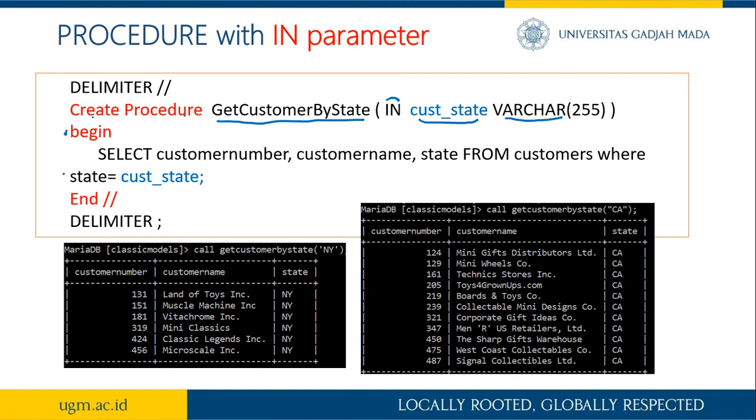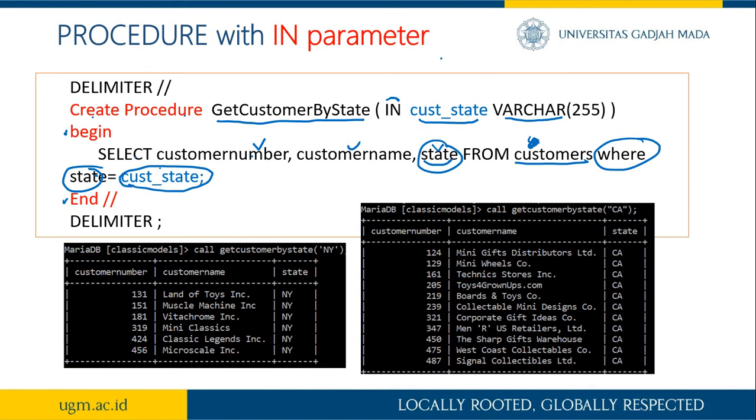And begin, this is the start of the procedure. I will select the customer number, the customer name, and the state from the customers table, where, as you can see, this is the condition: the state in the customers table is the same as the customer state.